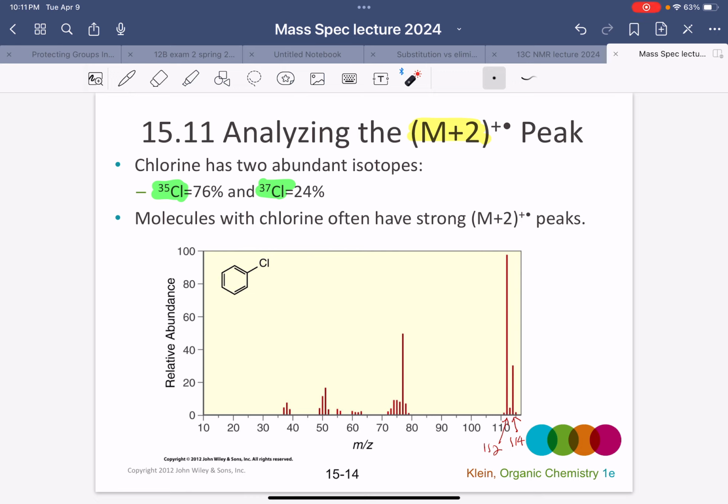We can see we've got our peak for just benzene here at 77, because that's if we lose the chlorine. And you can actually do things like subtract the mass of chlorine. So let's do 112 minus 35.